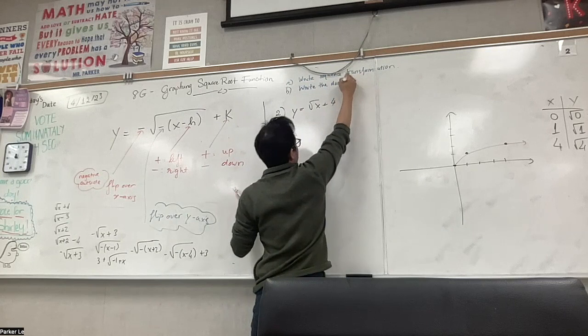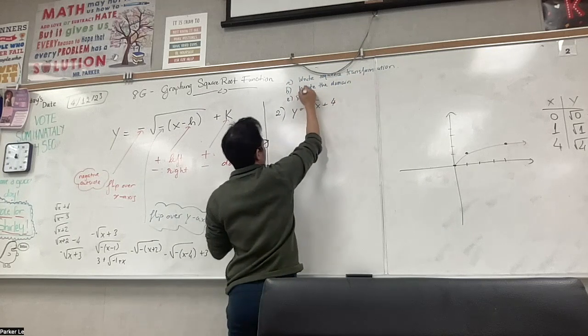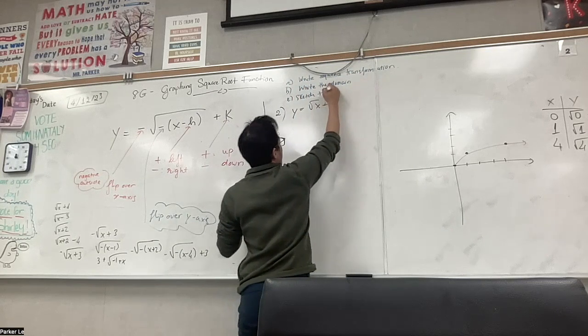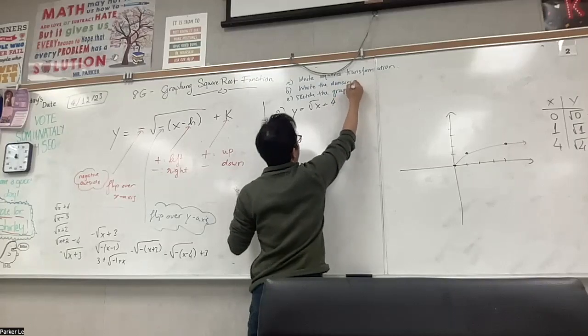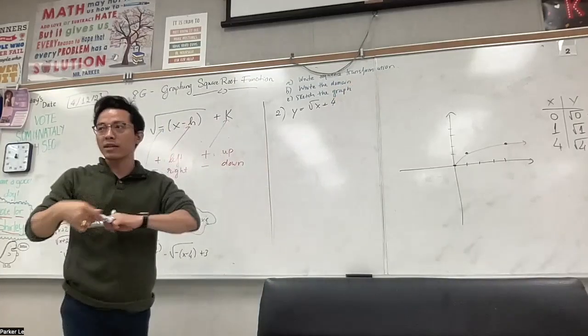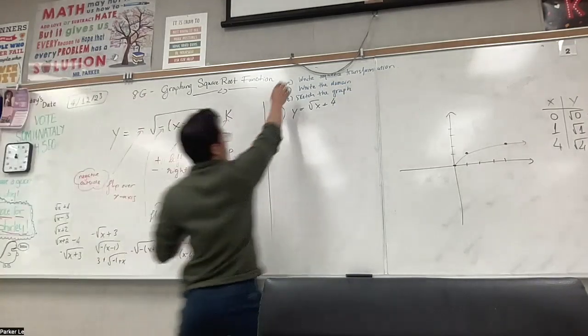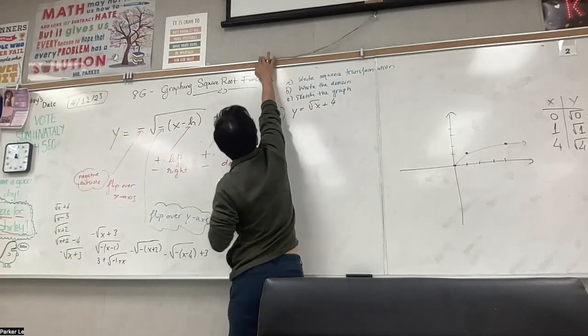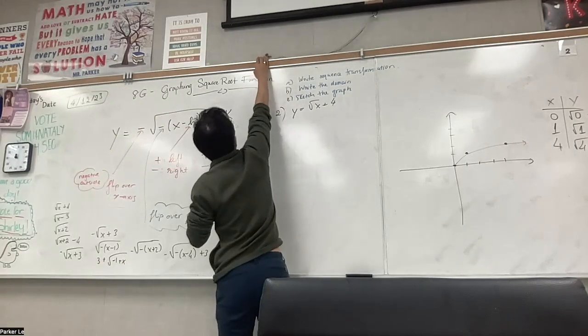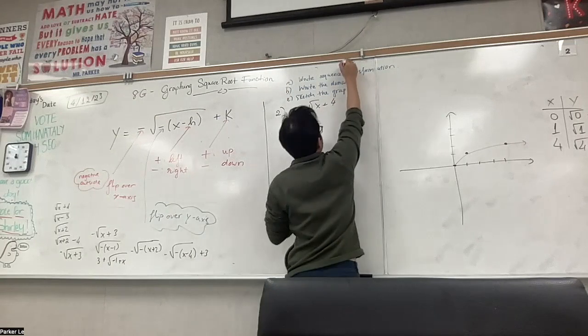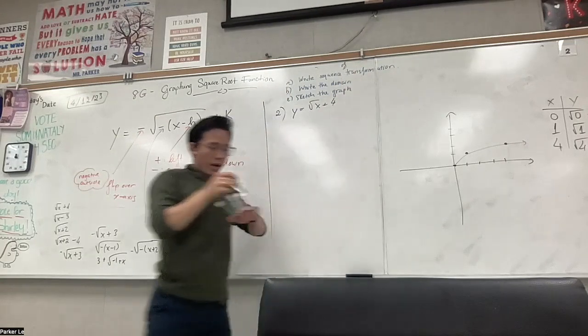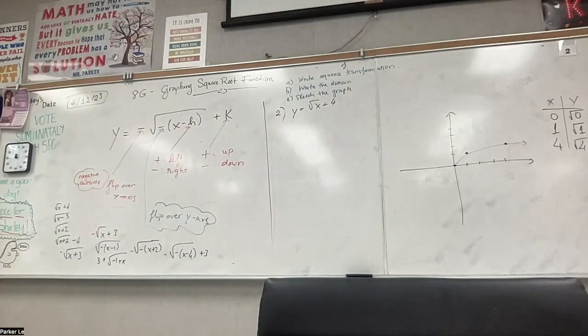And the last one, you're going to sketch the graph. This is going to be exactly the same thing you're going to do with your homework. The homework is going to ask you the same thing. Write the sequence of transformations. That means you're going to write, oh, up 3, down 4, left, something like that.